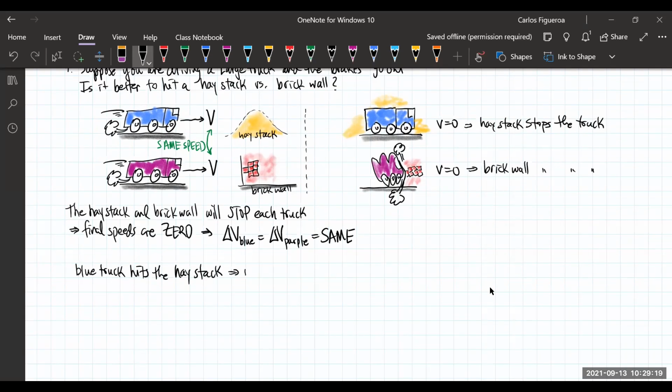Well, it takes longer to stop the truck. In other words, we have a big time, and what we call this is a long contact time.